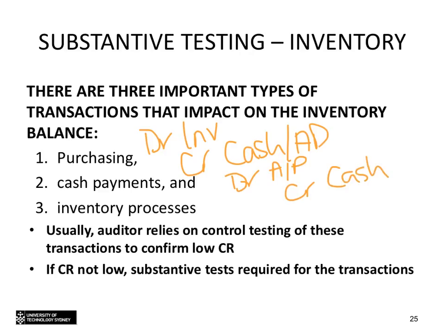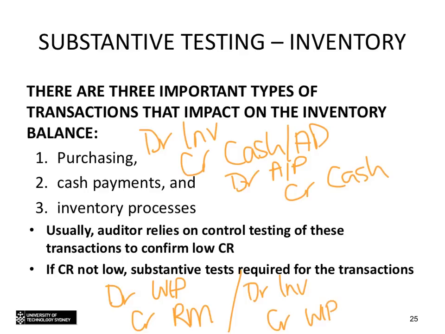And then if I'm buying raw materials and making that inventory, I know I need to do things like debit work in process, credit raw materials. I'll also do things like debit finished goods inventory, credit work in process. So there's lots of transactions going on in there.